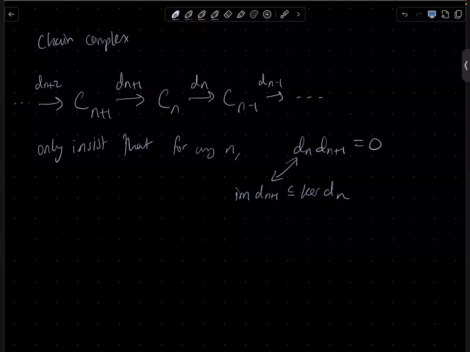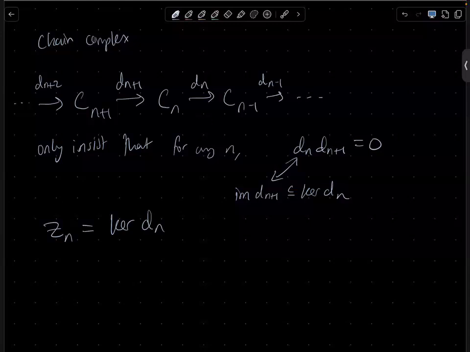So maybe some terminology that I'm not going to use today, maybe tomorrow I will use it more. This terminology I think comes from topology. I denote by Zn the kernel of Dn, and these are called the cycles. And by Bn I mean the image of Dn plus 1, and these are the boundaries.